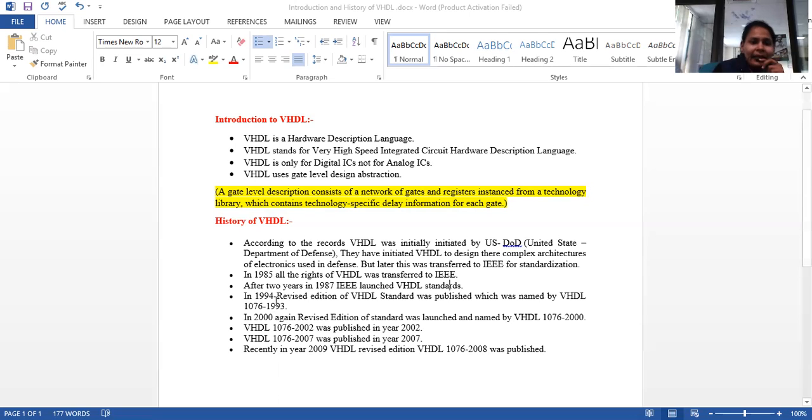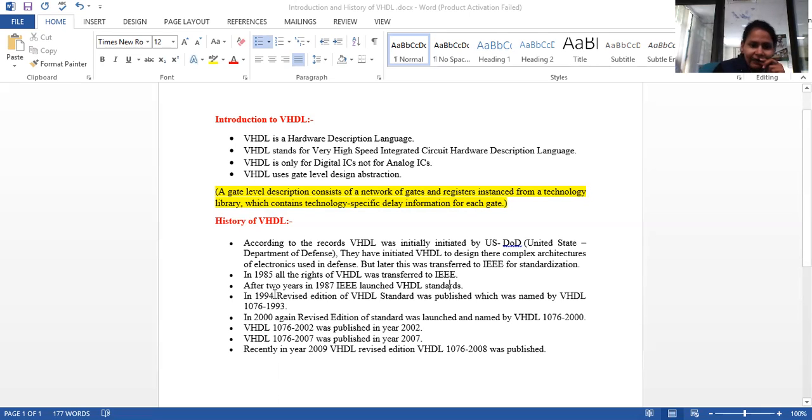In 1994, a revised edition of the VHDL standard was published, which was named VHDL 1076 standard 1993.